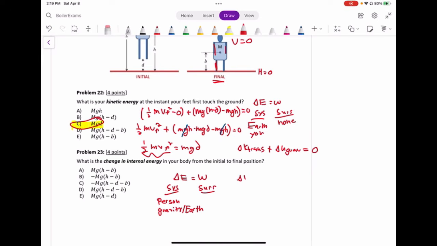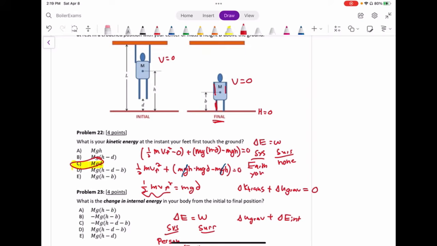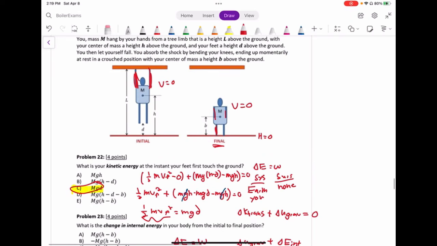We're going to have a delta U grav term. We're also going to have delta E internal, because you have an internal energy change when there's mass moving around in your person. Generally you'll see this in problems with people, such as limbs moving. Like they say in the problem, his knees bend and his arms appear to be moving around.